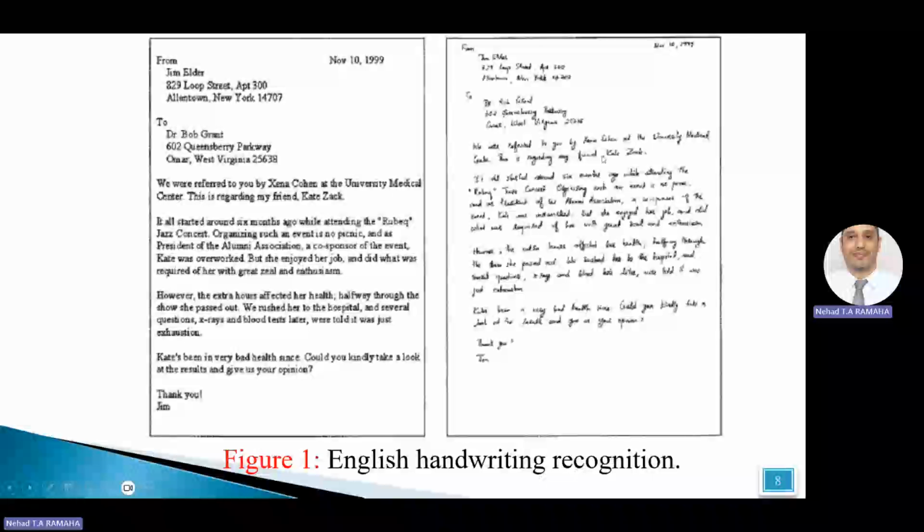But now recognition is easy: it recognizes this handwriting into text in the machine and transmits it. This is usually OCR, yes.